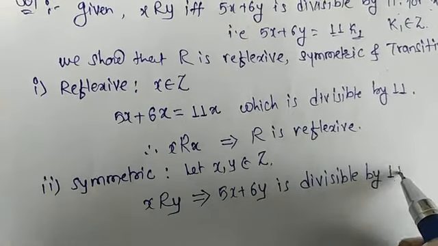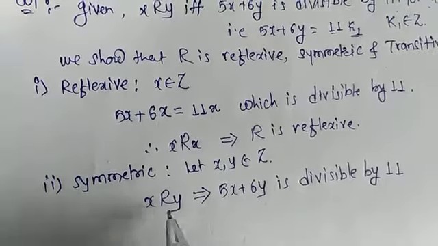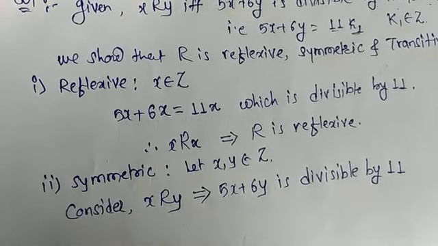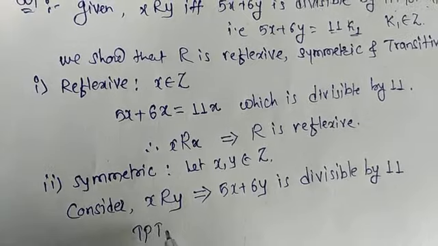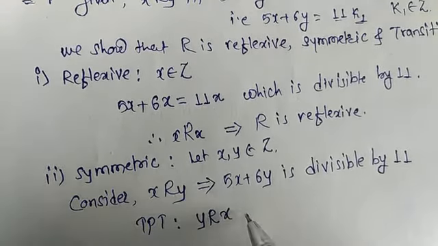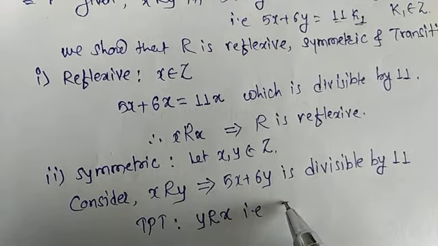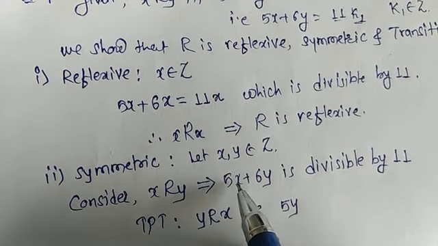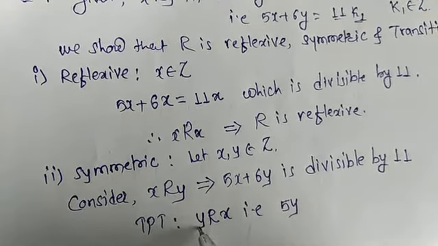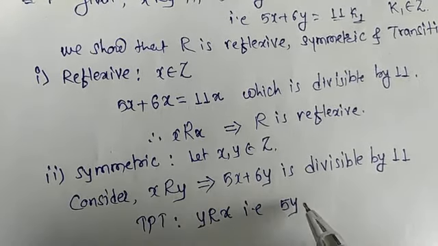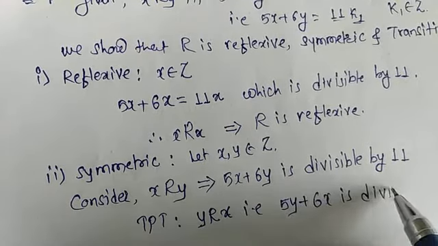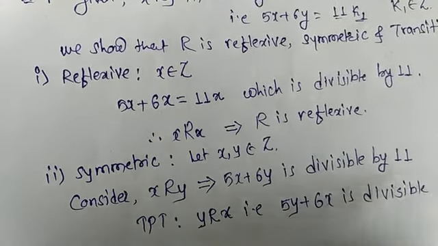In symmetric we consider x related to y and have to prove that y is related to x. That is, we replace x by y and y by x, so we have to prove that 5y plus 6x is divisible by 11.